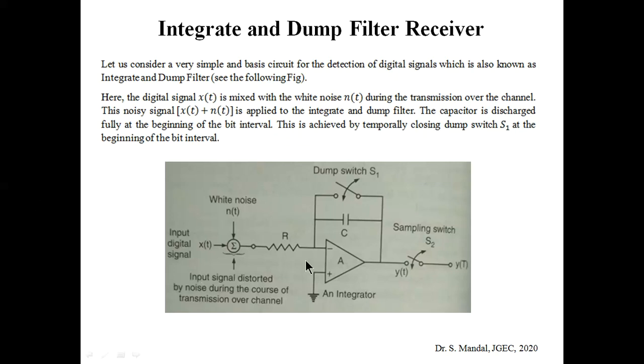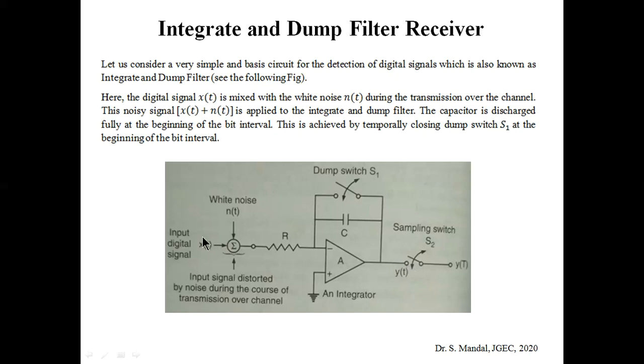Here you can see the basic circuitry of the integrate and dump filter, and this portion is nothing but a simple integrator circuit where there is an R and C circuit. Apart from it, there are two types of switch associated with this integrator or op amp. The first one is the S1 switch, called the dump switch, which is connected in parallel to the capacitor, and another is the sampling switch S2, which is connected at the end of the integrator.